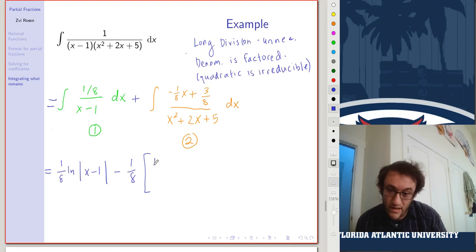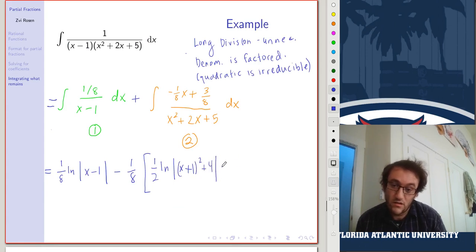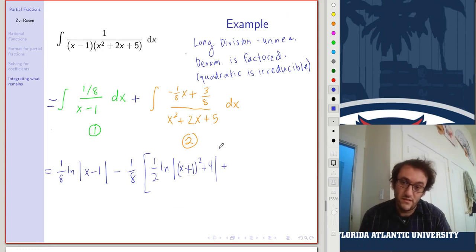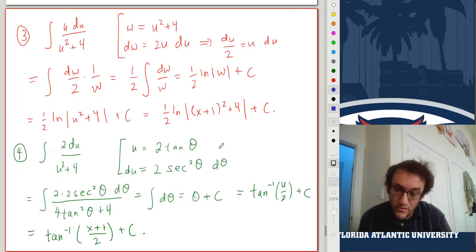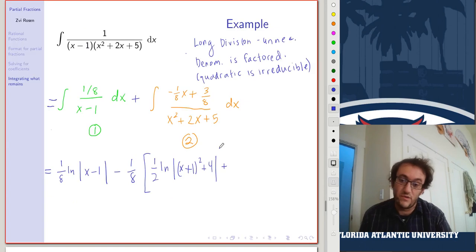Okay, so we have 1/2 ln of x plus 1 squared plus 4 plus, did we have a coefficient here? No, just arctangent of x plus 1 over 2.